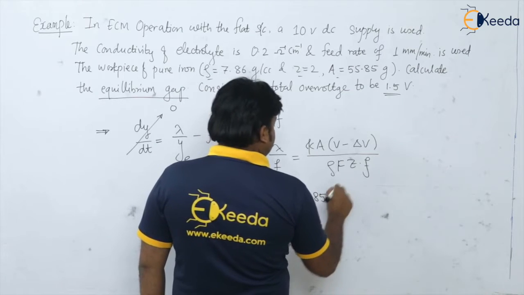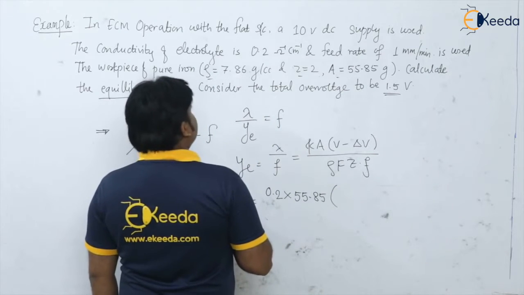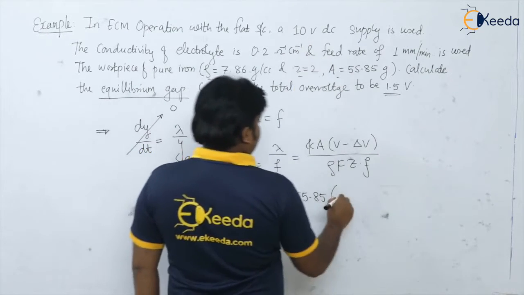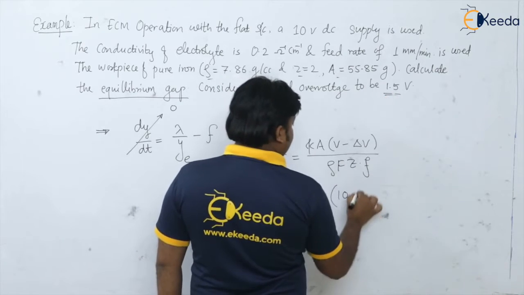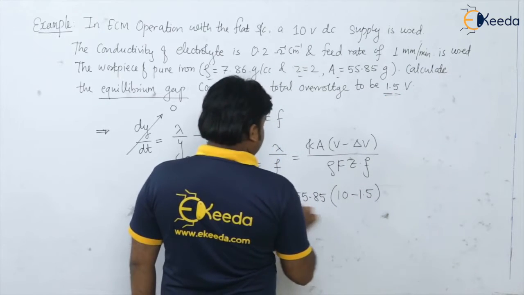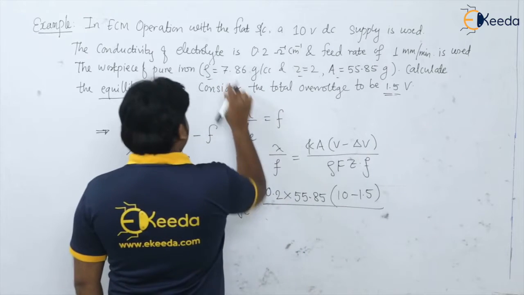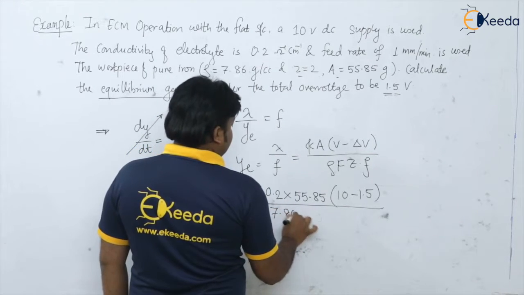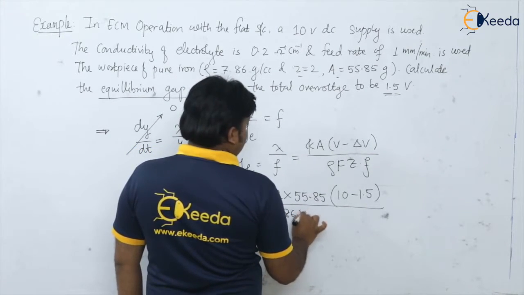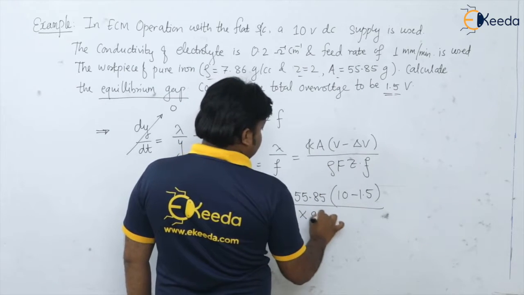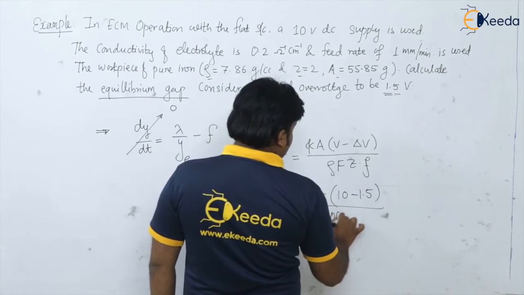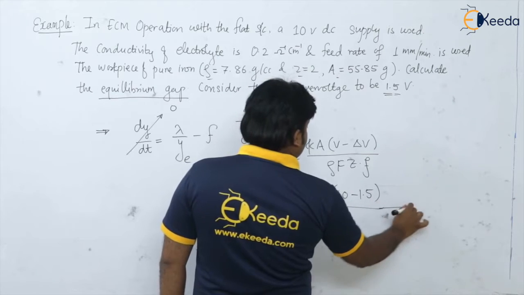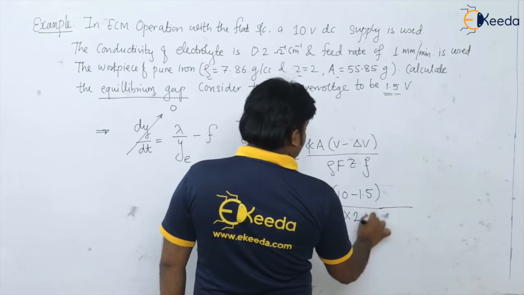55.85 gram, into bracket supply voltage 10 volt minus over voltage 1.5 volt, divided by density in grams per cc 7.86, into Faraday's constant 96500 coulombs per mole, into valency is 2, into feed rate.